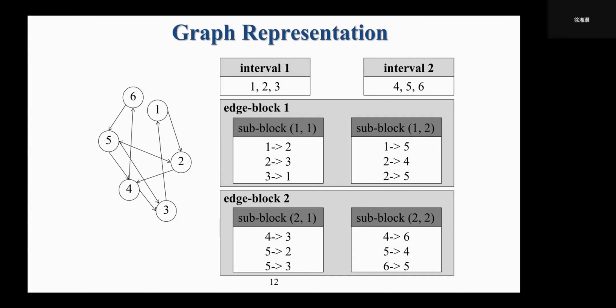Furthermore, each edge block is further divided into several subblocks according to their destination vertices. For example, for edge 1, 5, the source vertex 1 belongs to interval 1, while the destination vertex 5 belongs to interval 2. Therefore, this edge is assigned to subblock 1, 2.